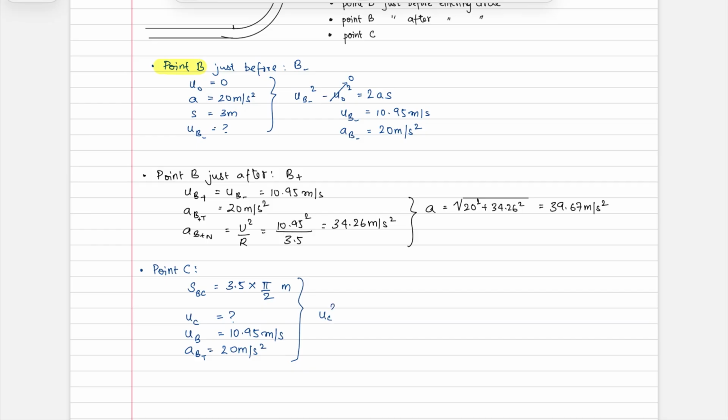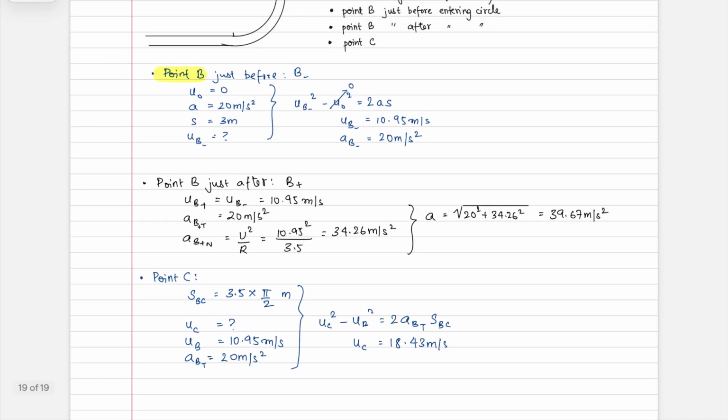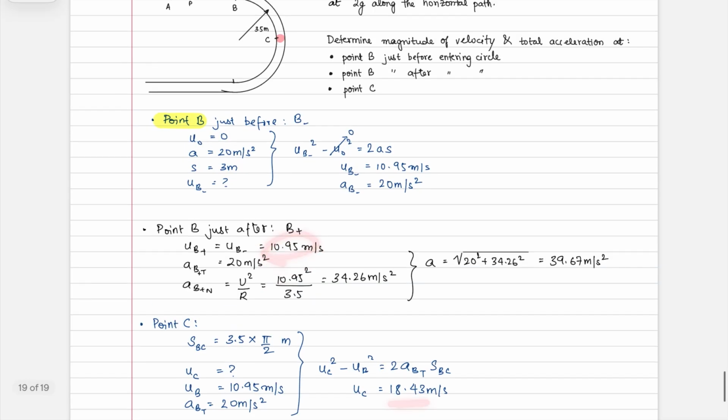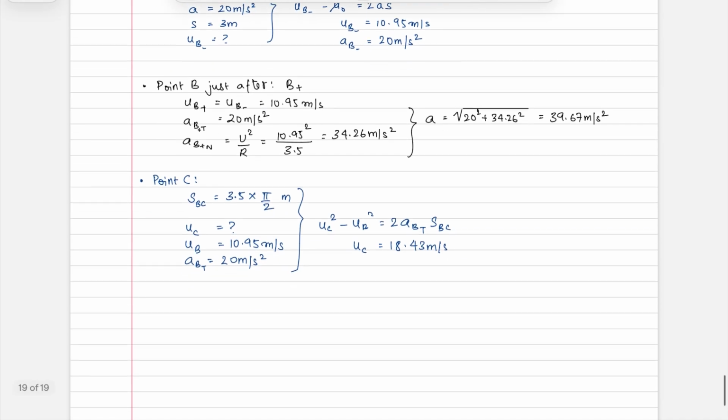So uc square minus ub square is equal to 2 ab tangential times s from b to c. And if you were to plug in the numbers, you will get uc is equal to 18.43 meters per second. So speed has increased from 10.95 to 18.43 as it executes this 90-degree rotation, since the speed is still increasing constantly at 20 meters per second square.